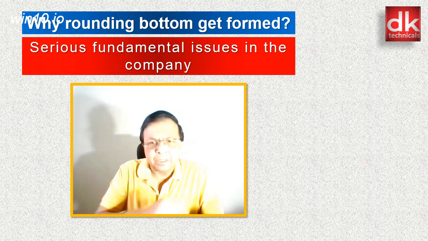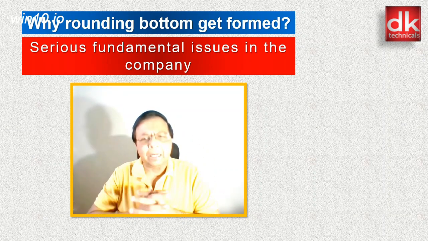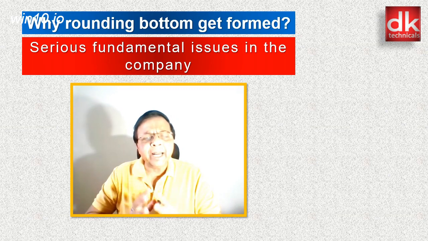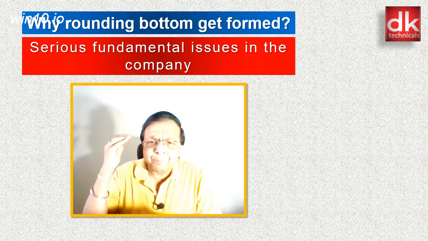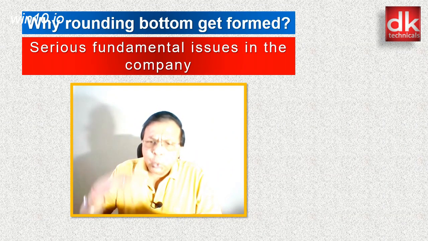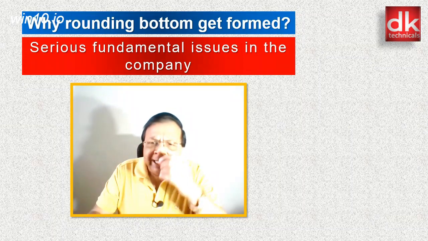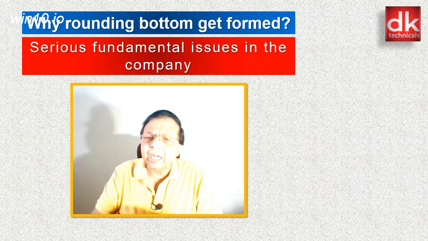It could be several problems relating to the fundamental aspects of the company where the stock has plunged drastically low after a massive downtrending move. Then what happens? Then company management makes a revival plan. Considering all those problems and fundamental issues which the company has faced for several years, now they have decided to revive the company and de-bottleneck all those fundamental issues which they were encountering.